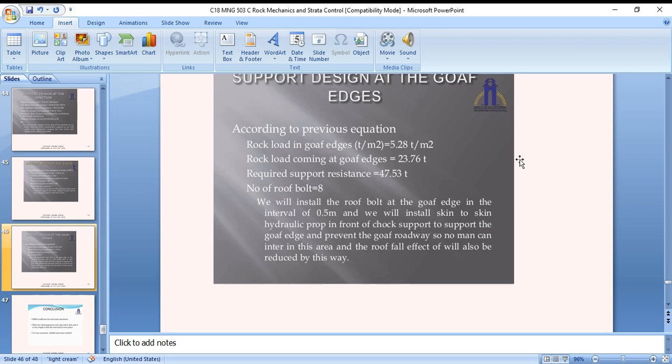So overall, the basic idea of design is that first, estimation of the load is very important. For estimation of the load, we require the particular rock mass rating. As far as CMRI is concerned, rock mass rating is important. For rock mass rating, we go to the Q system.